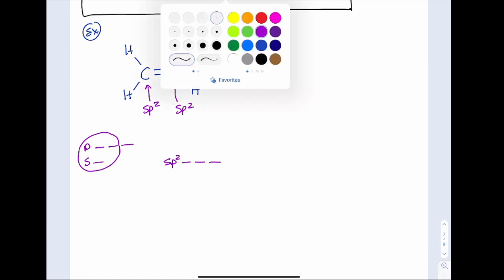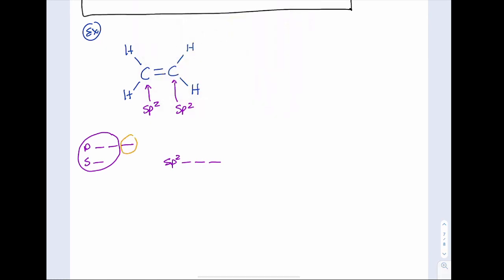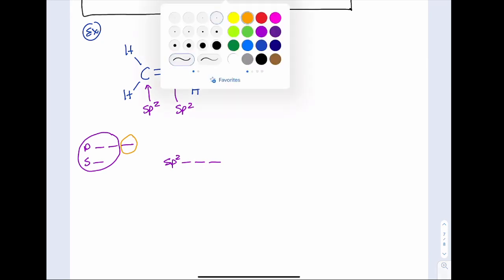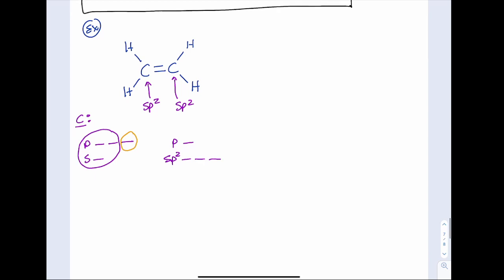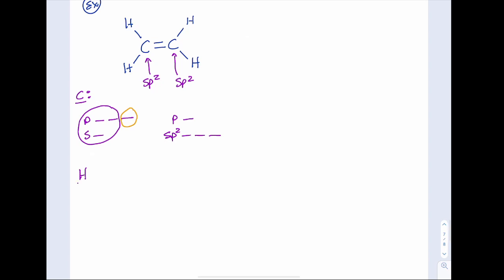And then remember, we do have this one unhybridized p orbital. So each of those carbons also has a p orbital. Hydrogen can't be hybridized. If I look at carbon, I didn't put my shell number, but it would be 2, because my valence electrons in carbon are in my second shell.